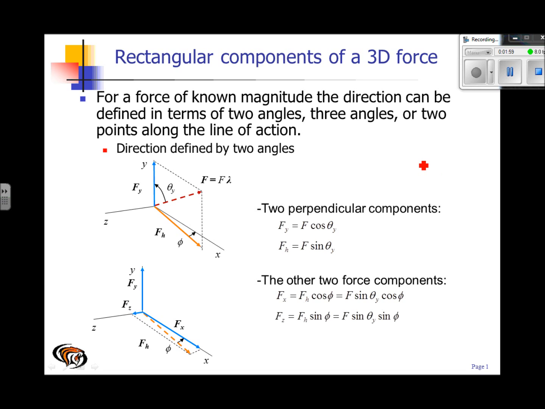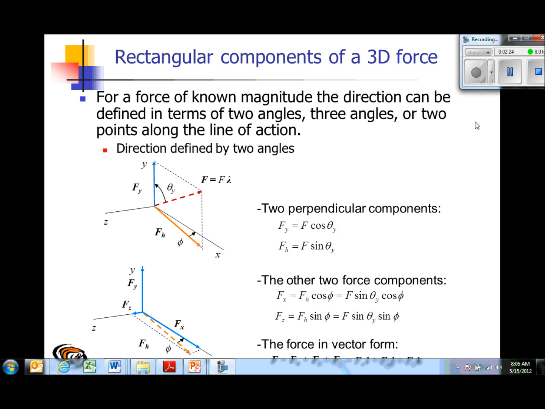So those components will be given as F sine theta y cosine phi and F sine theta y sine phi. The vector form of this force is given as F of x in the i direction plus F of y in the j direction plus F of z in the k direction.